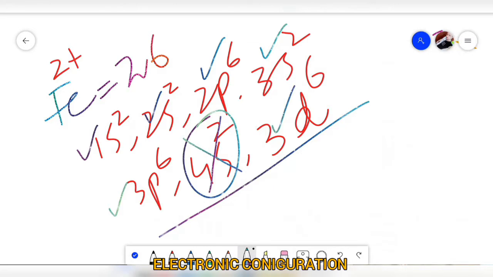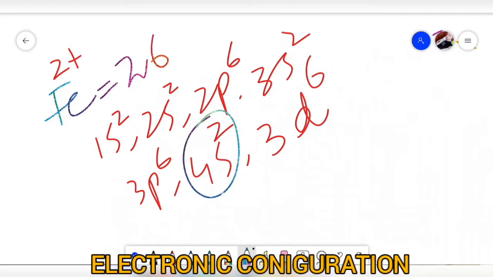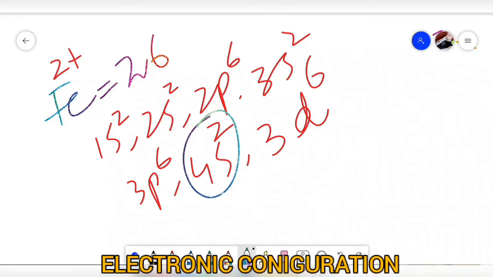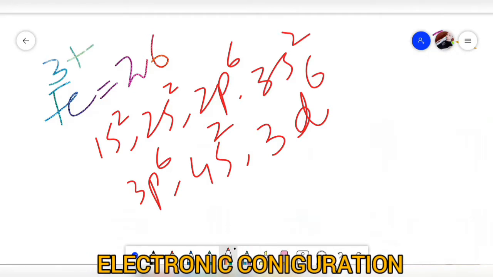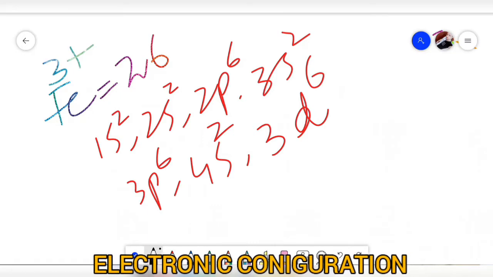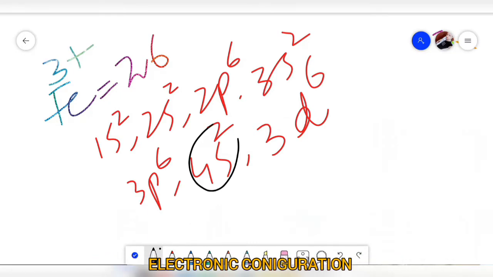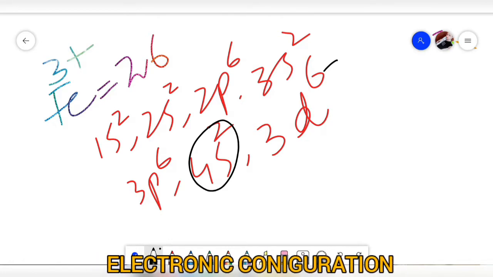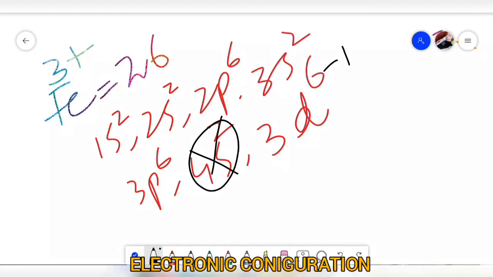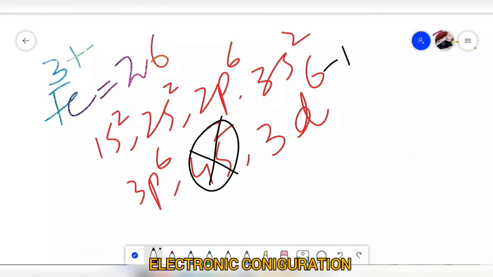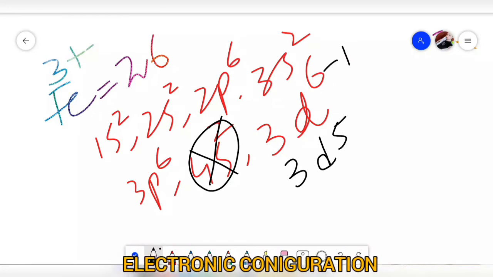Now let us see what will be the configuration for iron 3 plus. I'm moving towards 3 plus and let us see what is the configuration for it. How many electrons should I eliminate? 2 electrons from 4s and 1 electron from here. So how many in total have I eliminated? 3. 4s is gone, but 3d is now 5.